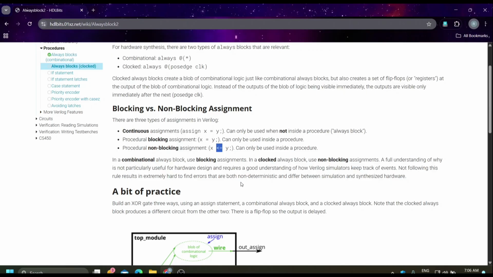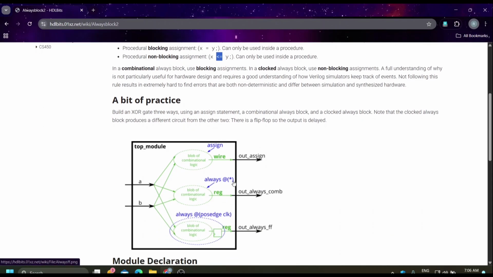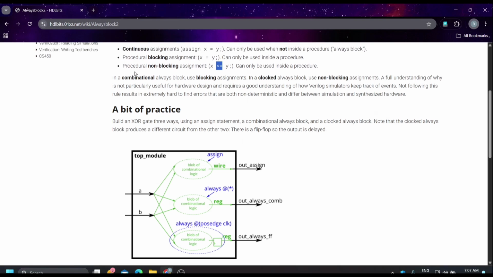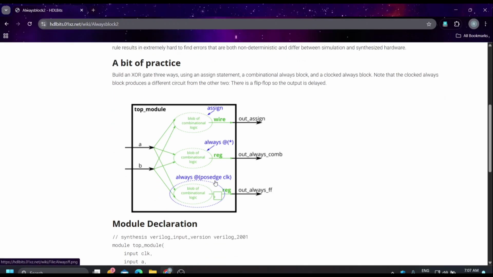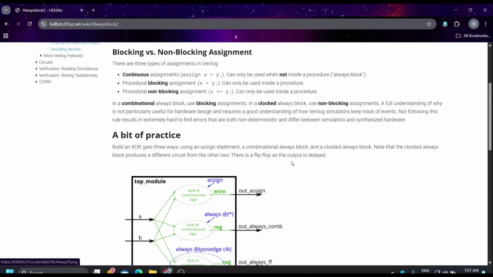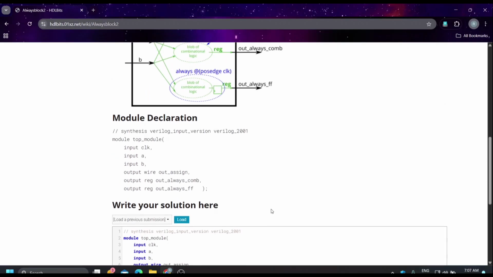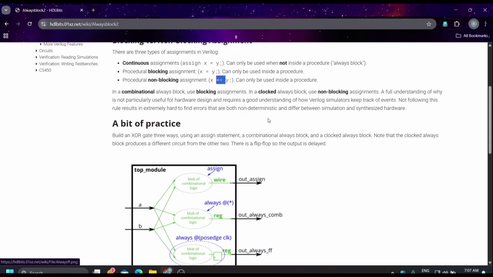So for combinational, means when always at the rate asterisk sign, or if there is no clock, in that place we can use the blocking assignment. And whenever there is a clock involved inside that always block, we need to use the non-blocking assignment so that we can achieve synchronization.